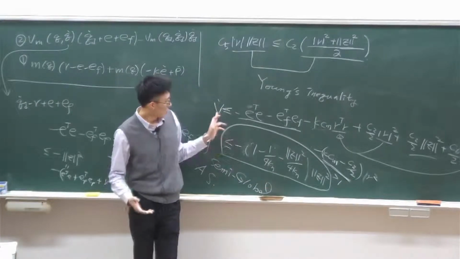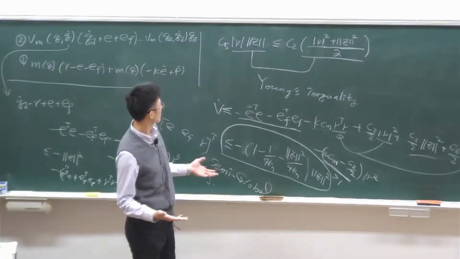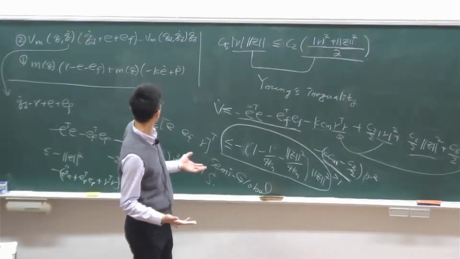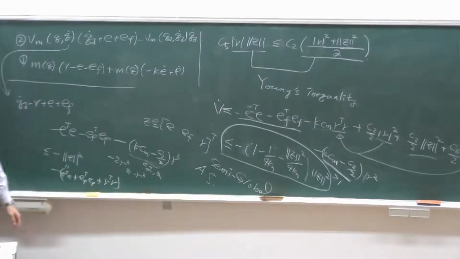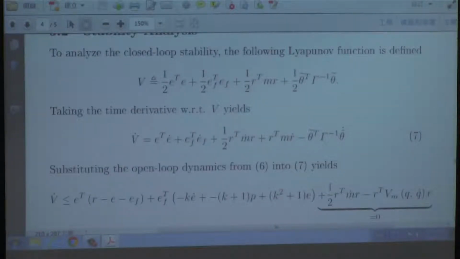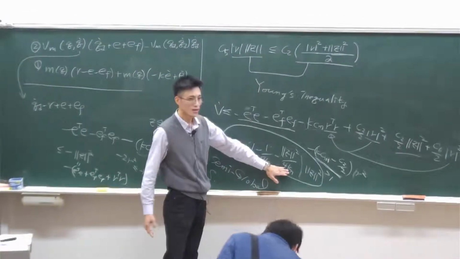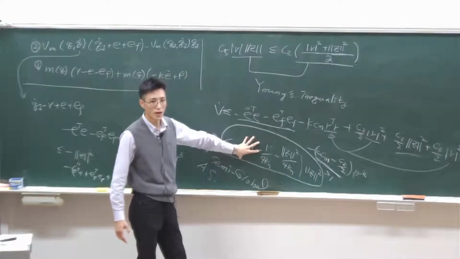So that means that V dot will be negative semi-definite because you have theta here. It's still negative semi-definite, right? But once you select the gain as high as possible, it becomes negative semi-definite.